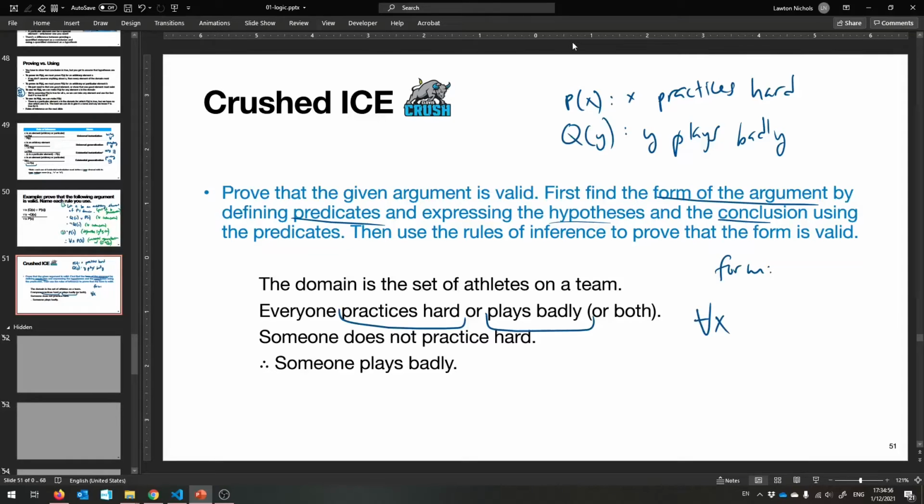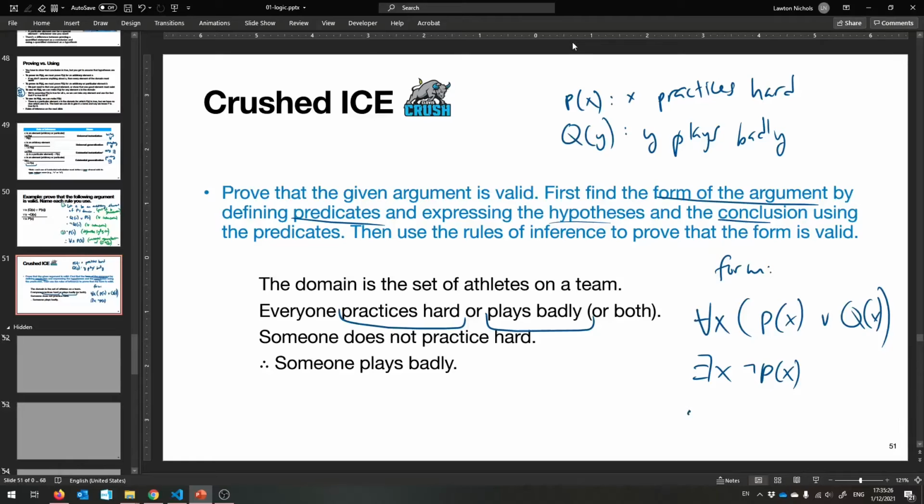So for all X, because the domain is all athletes, for every athlete, X, it's true that X practices hard or plays badly. Okay, I hope you see how I'm converting that. Someone does not practice hard. Oh, there exists an X, somebody, such that it's not true that they practice hard. Okay?